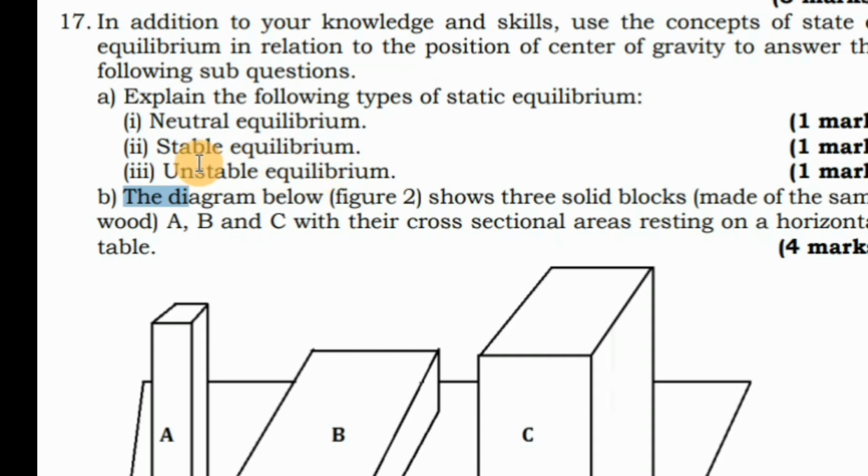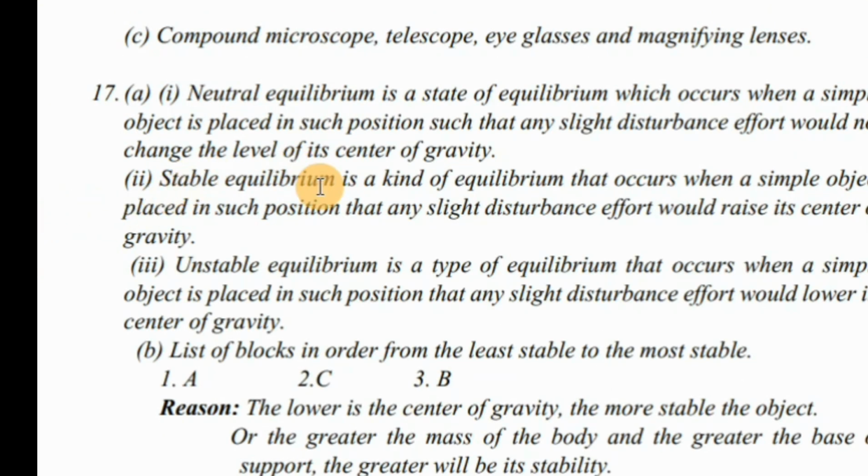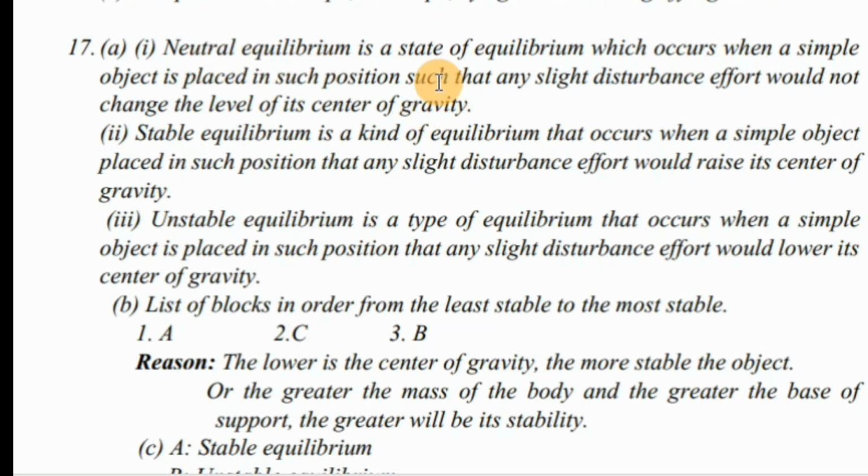Unstable equilibrium is when any slight displacement causes the level of the center of gravity of the object to become lower, and you will say that the object is in unstable equilibrium. Those are what we have said. Neutral equilibrium is the state of equilibrium which occurs when a simple object is placed in such a position that any slight disturbance would not change the level of the center of gravity.